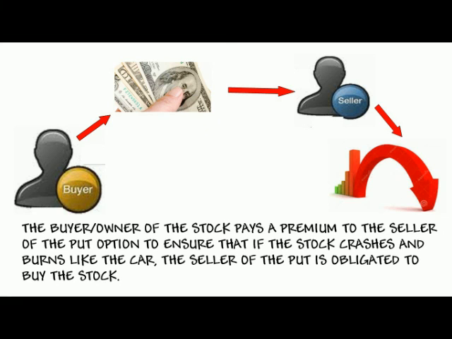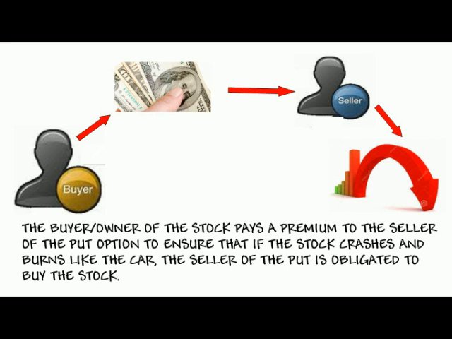The reason the buyer or the owner of the stock pays you a premium as the put option seller is to ensure that if the stock crashes and burns just like your car did, the seller of the put is obligated to buy the stock. It's just like the car.